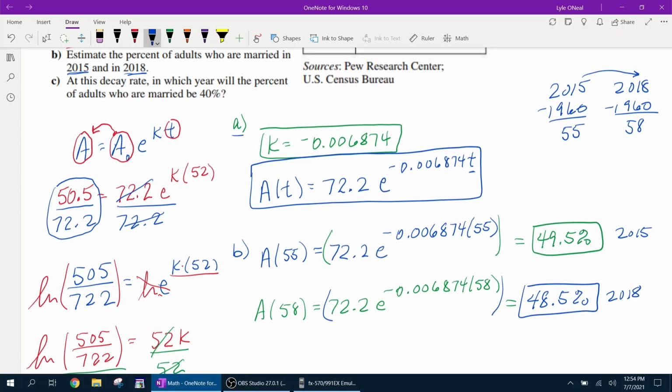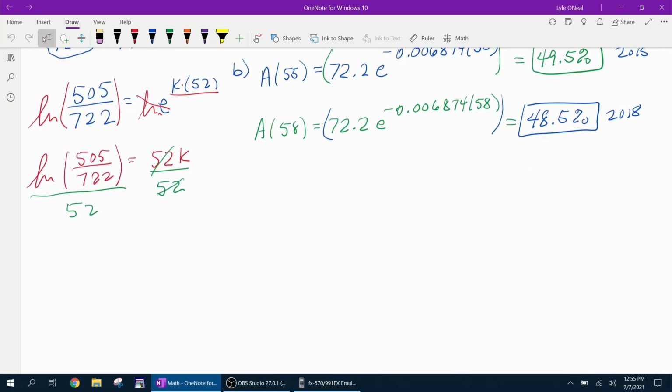And then for part C, at this decay rate, in which year? That means we're looking for time. Will the percent of adults who are married be 40%? That's going to be the A that we're looking for. So to answer this question for part C, we're going to get down to 40%.